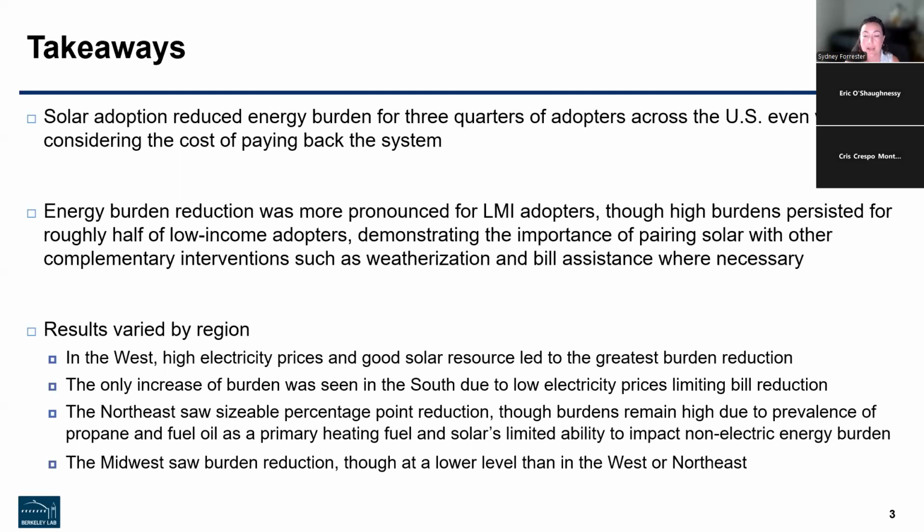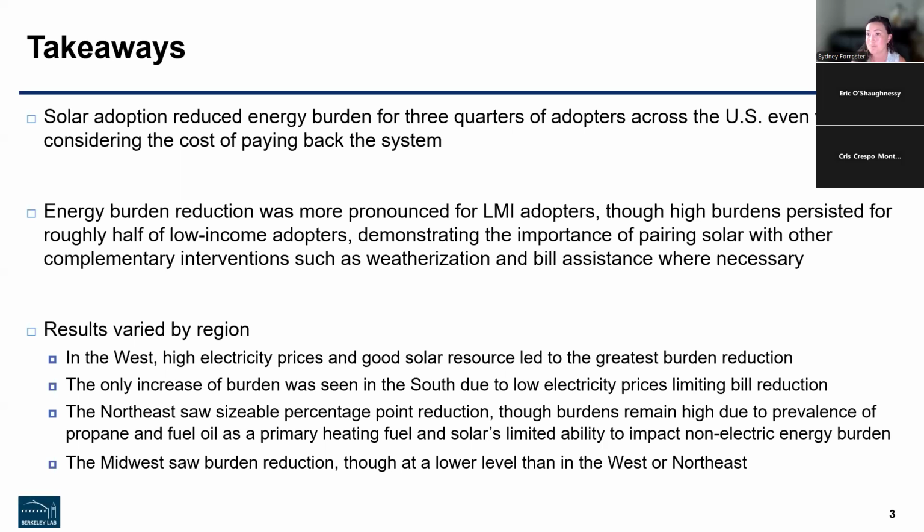However, high burdens did persist for roughly half of those adopters. So this bullet, I think, is really important. It emphasizes two things. One is that solar was very effective at reducing energy burden and reducing the incidence of high and severe energy burden in this income group.